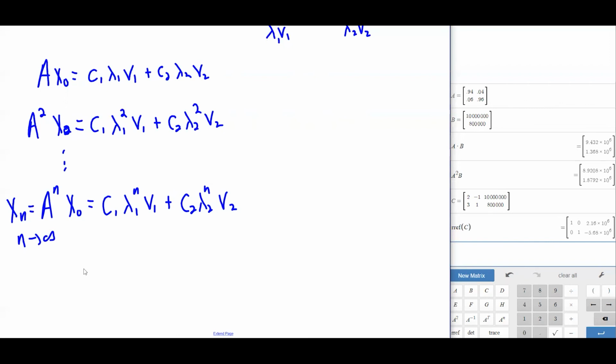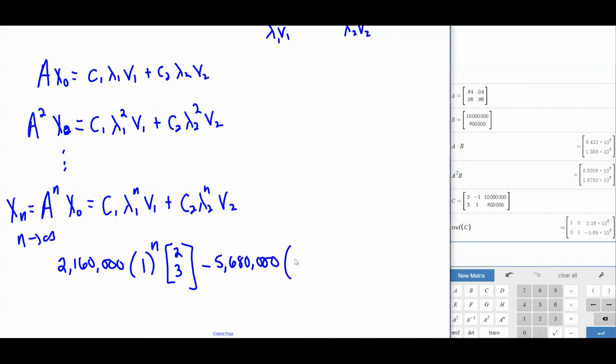C1 was 2,160,000 times lambda 1, which was 1 to the n, times V1 plus C2, negative 5,680,000, times lambda 2 to the nth power V2.